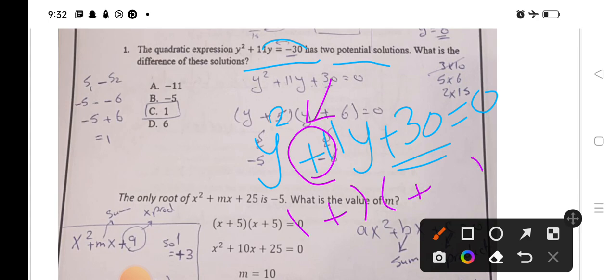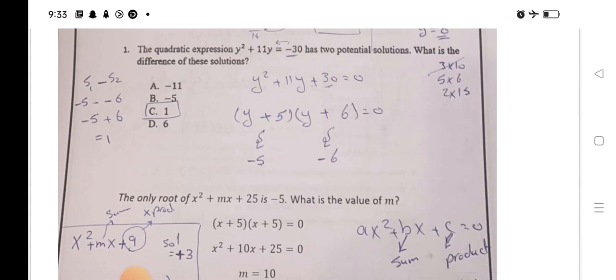Y squared, y times y. 30, what times what gives me 30? 30 times 1, but the summation is not 11. 2 times 15, the summation is not 11. 5 times 6, the summation is 11, so go and get it.